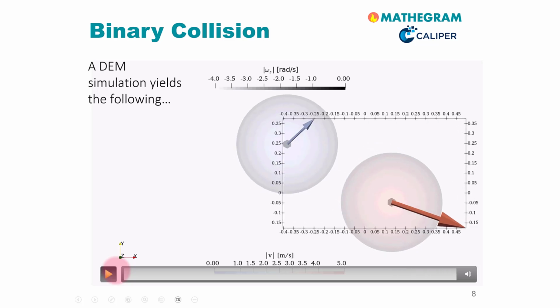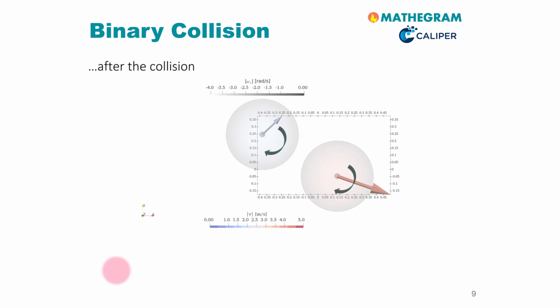Beautiful. So let us now look at the situation after the collision. We have seen that velocities have changed for both particles and that particle 1 now has a velocity v1 and an angular velocity omega 1. So the angular velocity has obviously increased.